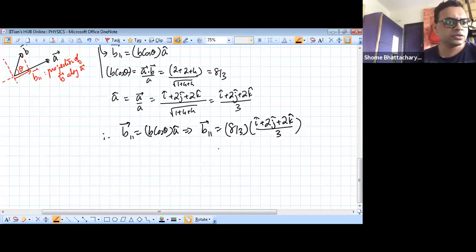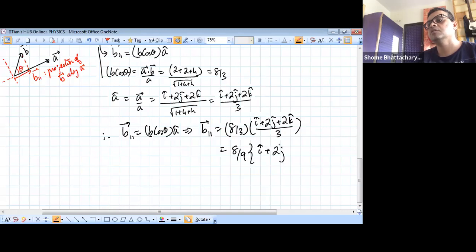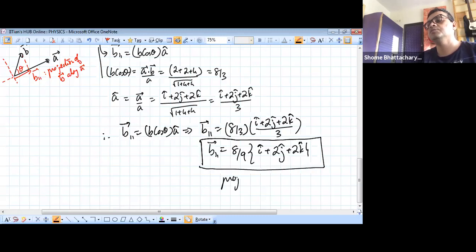So I think we'll have to take the 1 by 3 outside. So this will be written as 8 by 9 into I cap plus 2j cap plus 2k cap. So this is becoming our final answer for the component of B or the projection of B along E. So this is the projection of B on the vector.